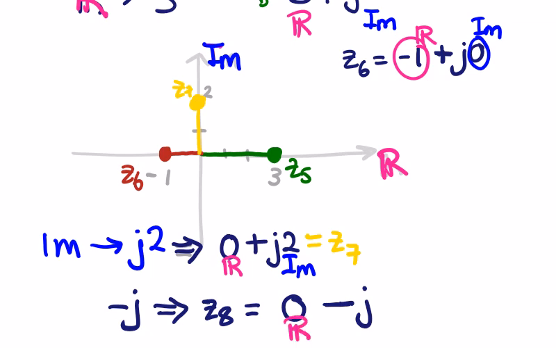Real part is 0, and imaginary part, we have an invisible 1 here, and we need to take into account that negative sign, so negative 1. So in the diagram, we would have negative 1 over there, and there is no horizontal movement because the real part is 0, so we stay right here, and that's Z8. And if we drew the line from the origin, that's what we would have.